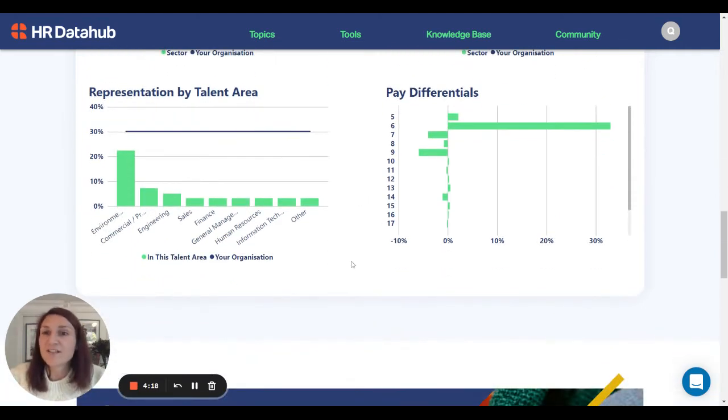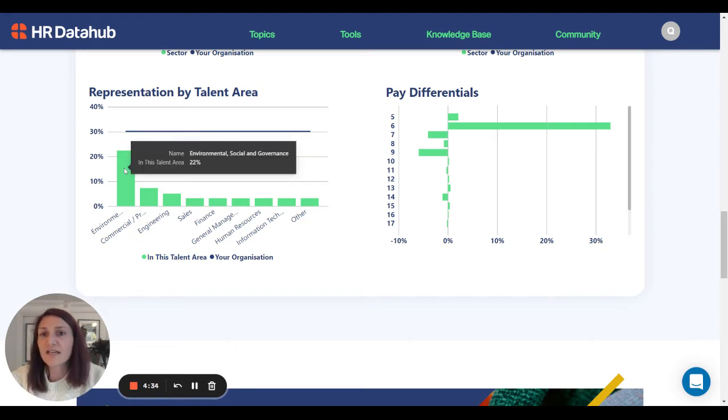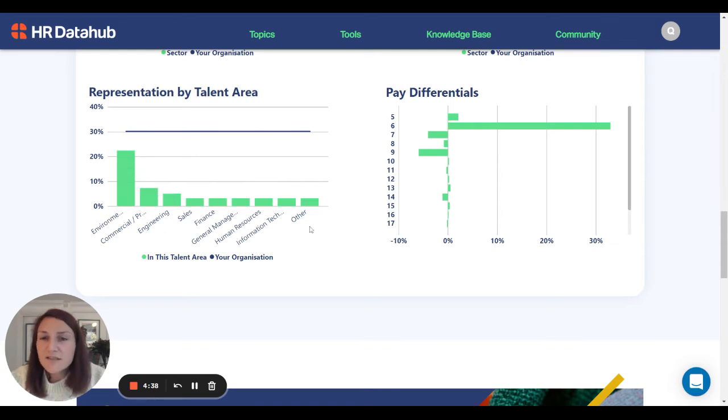And finally, at the bottom, I can look at representation by talent area and pay differentials. So are women in my organization spread out evenly across different talent areas, or are they really highly focused in one area? And I see here that really there's a huge representation in environmental, social, and governance roles versus others.